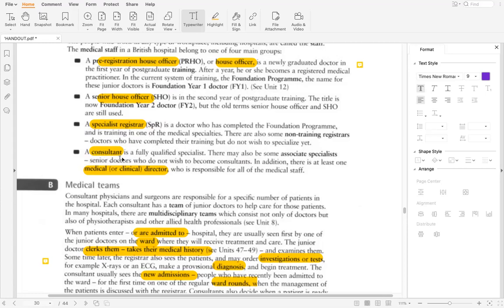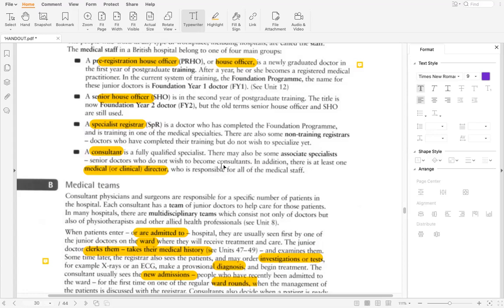A consultant, استشاري in Arabic, is a fully qualified specialist. Specialist in Arabic means أخصائي. There may also be some associate specialists, senior doctors who don't wish to become consultants.